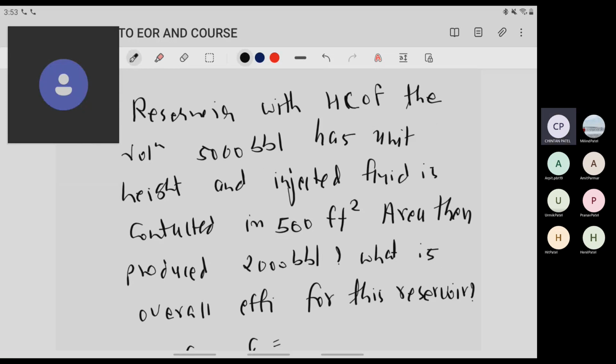Is it visible? ED value will be 4. How can the efficiency be 4?